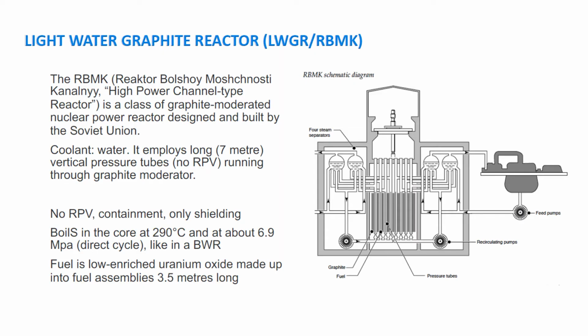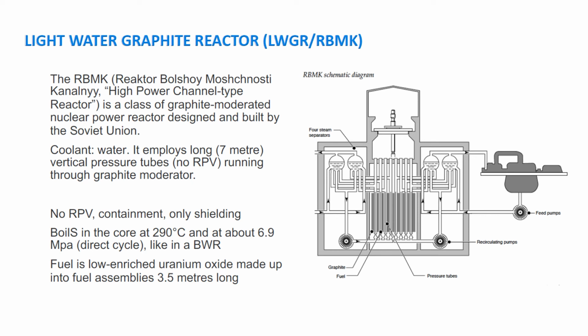The next type of your nuclear power reactor is the light water graphite reactor, known as your LWGR, or most commonly known as your RBMK. RBMK stands for Reaktor Bolshoy Moshchnosti Kanalny, which stands for high power channel type reactor. This is a class of graphite moderated nuclear power reactor designed and built by the Soviet Union.